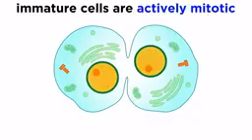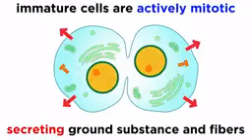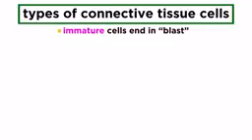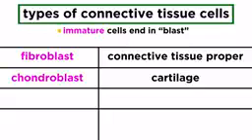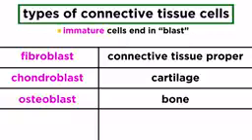In this actively mitotic state, they will secrete the ground substance and fibers characteristic of the cell type they will become, and these have different names from the mature cells, ending in the suffix blast, which means they are forming. Connective tissue proper forms from fibroblasts. Cartilage comes from chondroblasts, and bones from osteoblasts.